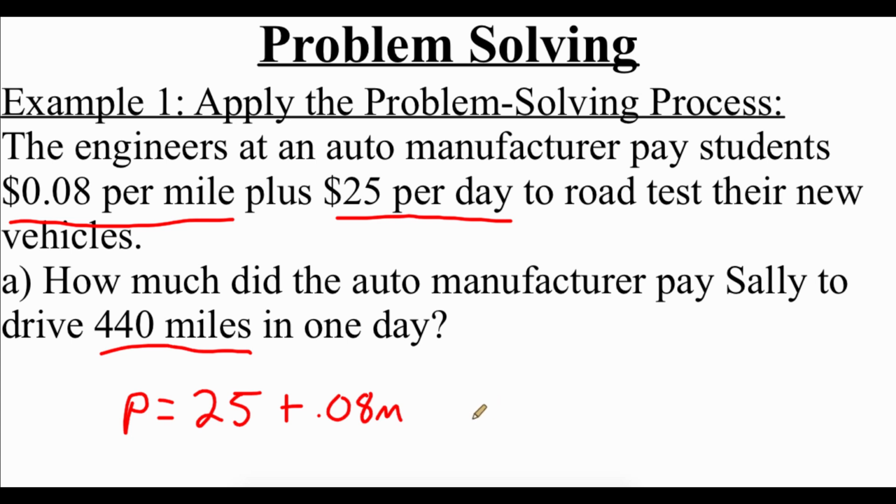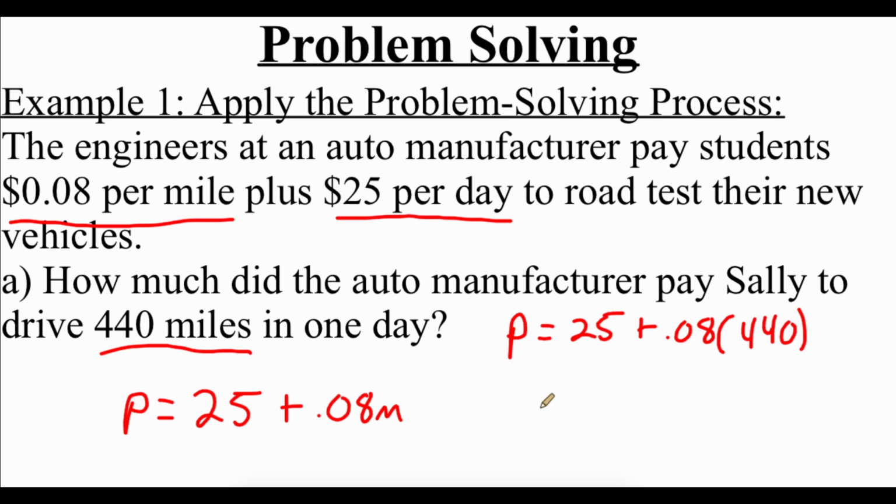Now for step 3, to actually carry out our plan to solve this, we know that Sally drove 440 miles. So I'm going to take that value and plug it in for my M. So we get P equals 25 plus our 0.08 times our 440 miles that Sally drove. If we multiply the 0.08 times the 440, we get 35.2.